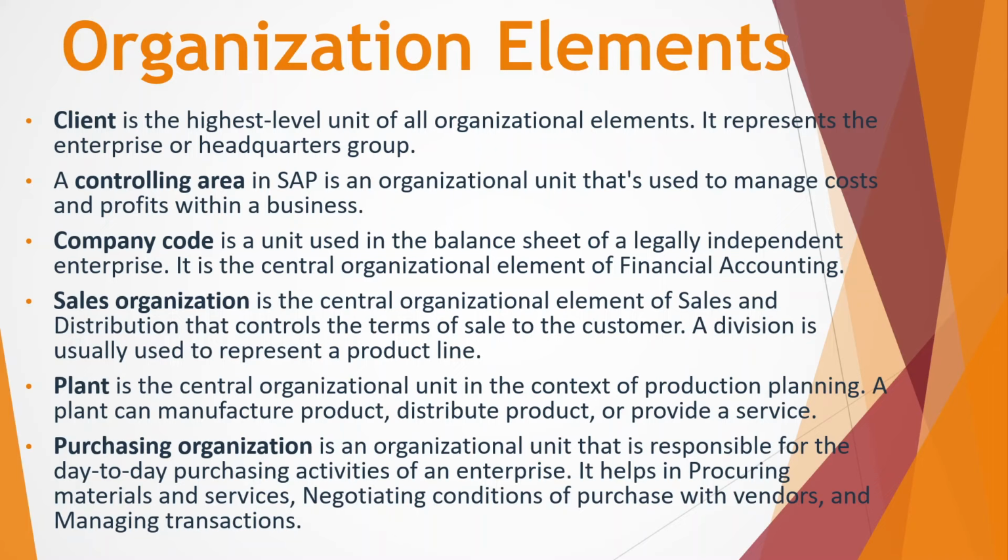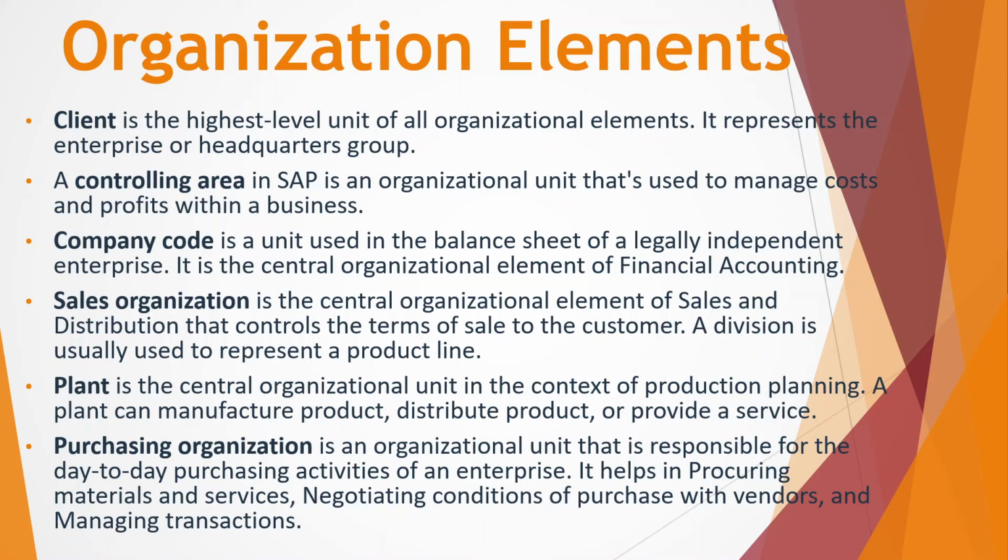But in that case also company code is a must. So company code is the central organization element for financial accounting. Now sales organization. Again, this is an organizational element created for the sales and distribution process. Your SD module I am talking about. Then you have a division also and distribution channel also.